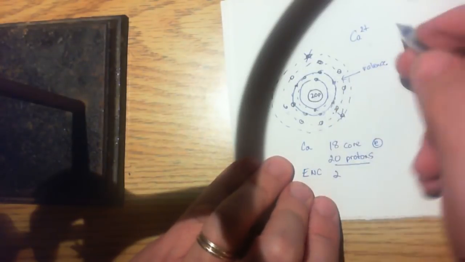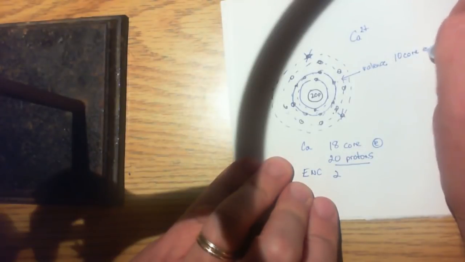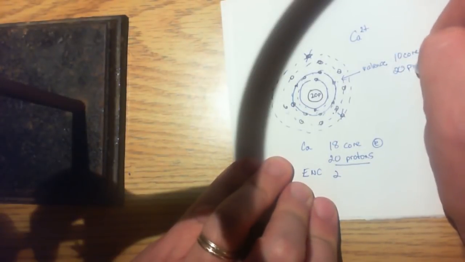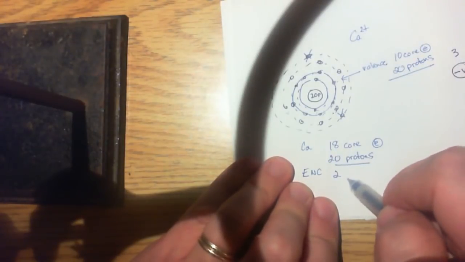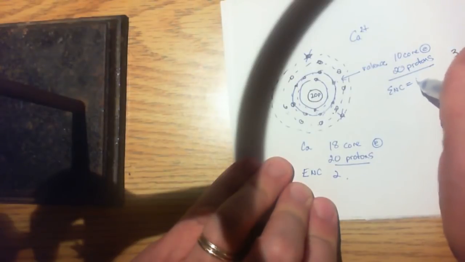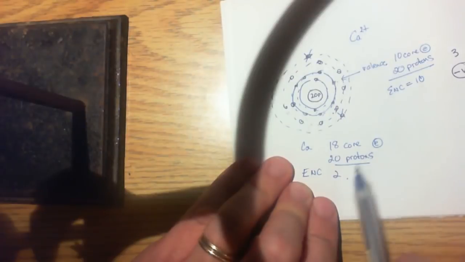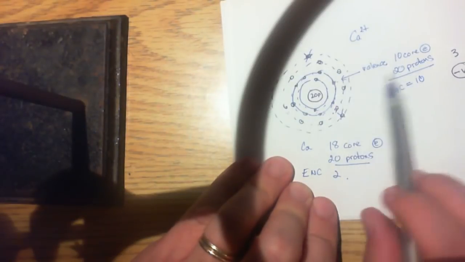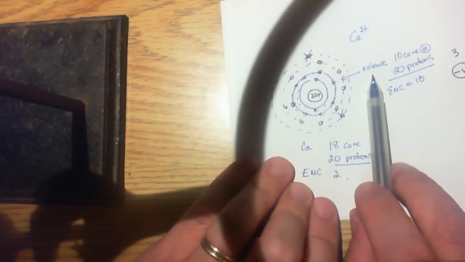So as a result, I now only have 10 core electrons. I still have 20 protons. So as a result, my ENC is no longer 2. My ENC is now 10. So since my ENC went up, then that means that I'm going to have an increased force of attraction.